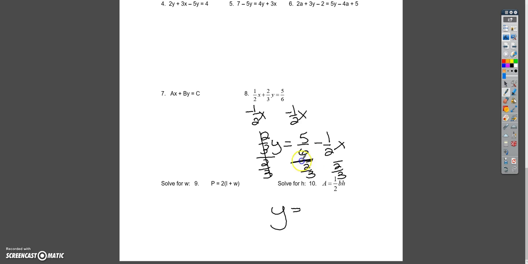Of course, remember when you put this in the calculator to use parentheses. So 3 over 2. I think that's 5 over 4 minus 3 over 4 x. And I will work these last two in class. I don't have time in this video.